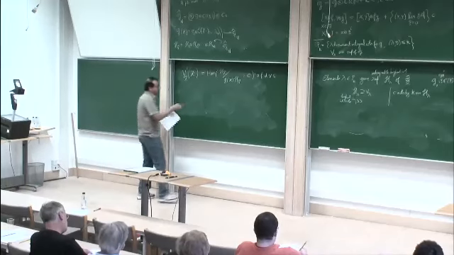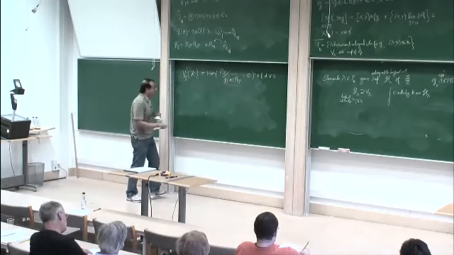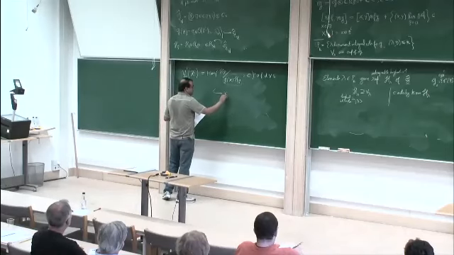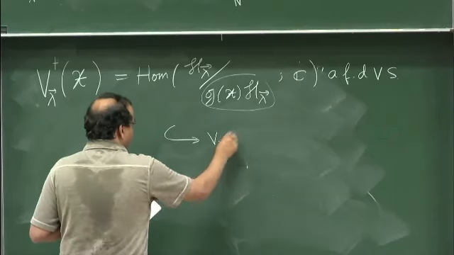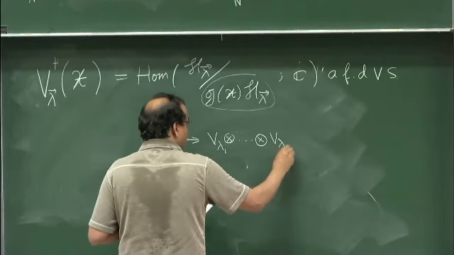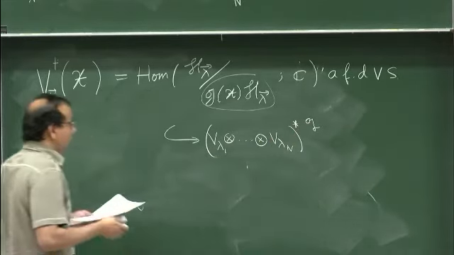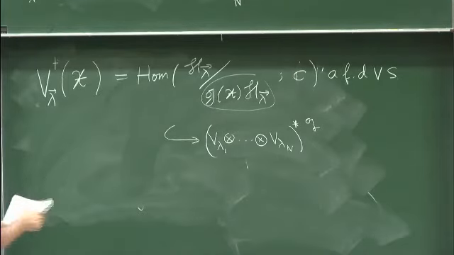So this object sort of remembers the endpoints on the curve. And in fact, in genus 0, this also sits inside the tensor product of the V lambda duals. You take the invariants with respect to G. So this is only in genus 0.